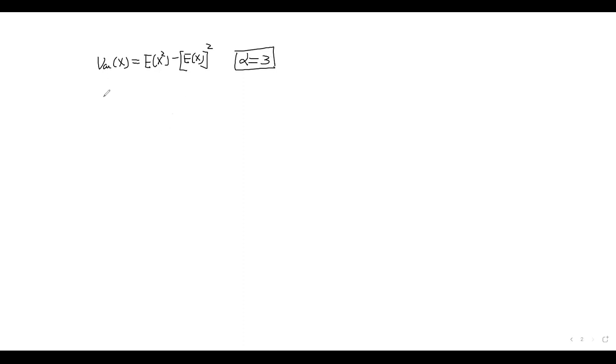So now let's see, the expected value of X squared. We said from the previous one, k equal to 2, alpha equal to 3. I can substitute into the previous formula.